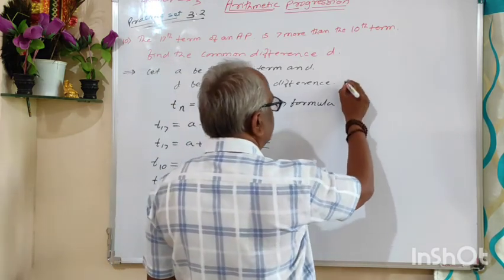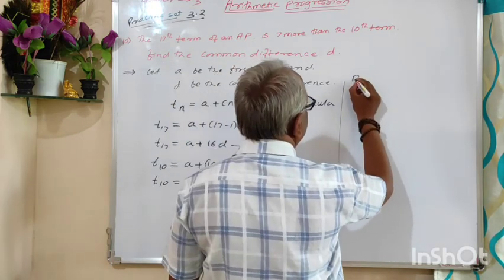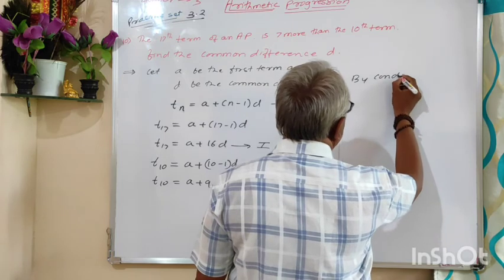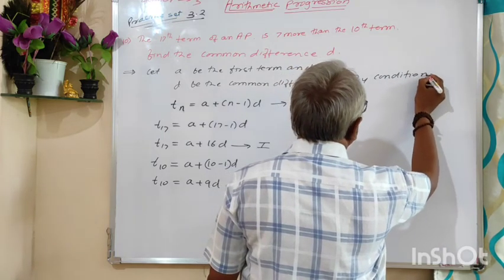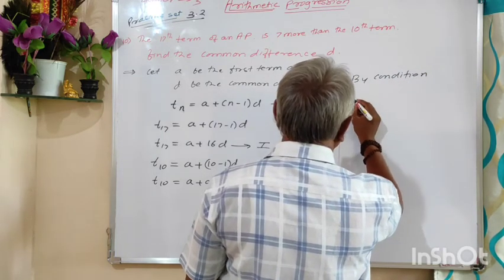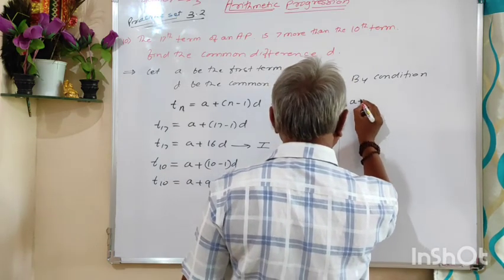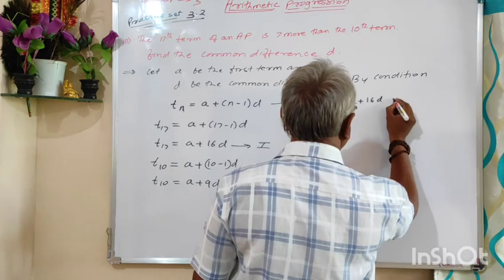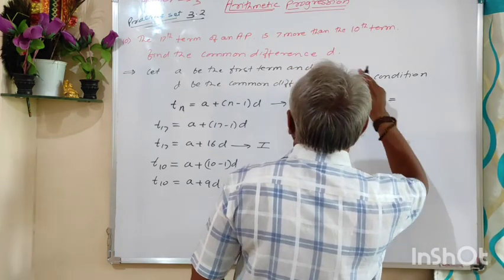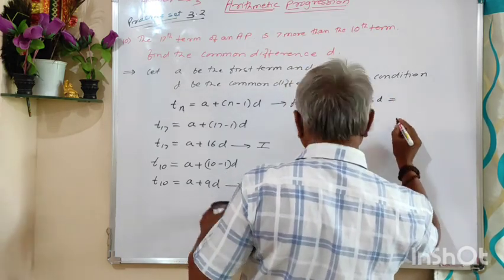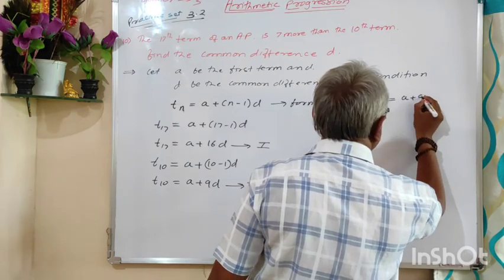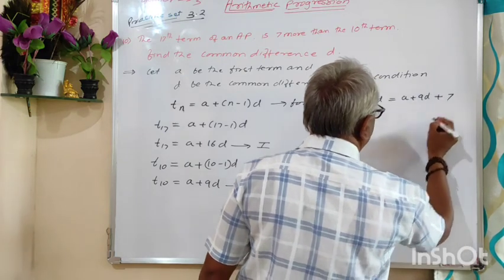Then by the condition, we get that the 17th term, A plus 16D, is equal to, it is 7 more than the 10th term, A plus 9D plus 7.